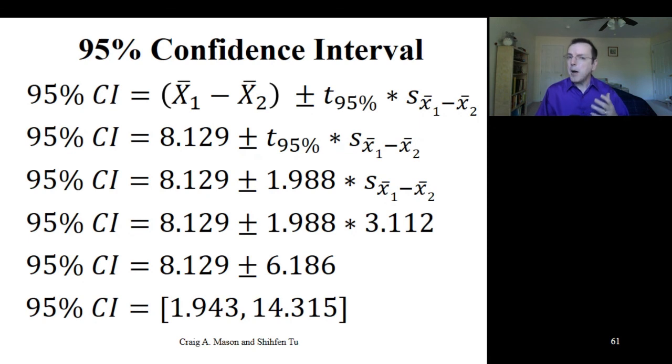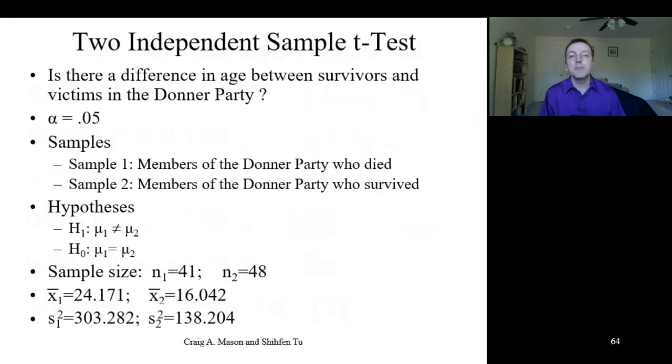In the population of wagon trains getting stuck in the snow all winter, our precise point estimate of the age difference between victims and survivors that we would expect to see is 8.129 years, with a range from 1.943 years to 14.315 years. Okay? Let's summarize our findings.